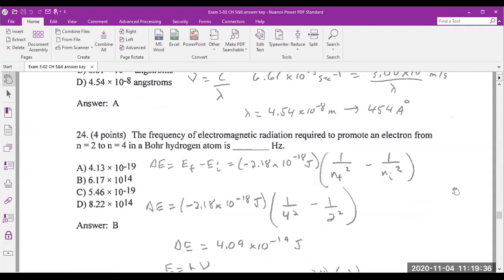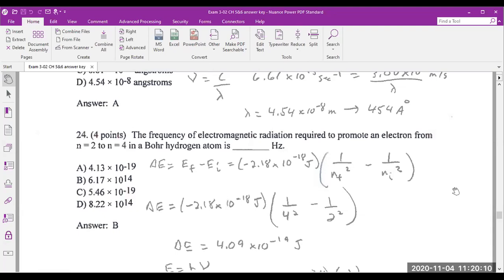24, the frequency of electromagnetic radiation required to promote an electron from n equals 2 to n equals 4 in a Bohr hydrogen atom is how many hertz? So we needed to use the formula that tells us delta E equals E final minus E initial, and that equals the constant minus 2.18 times 10 to the minus 18 joules times 1 over the final level squared minus 1 over the initial level squared.